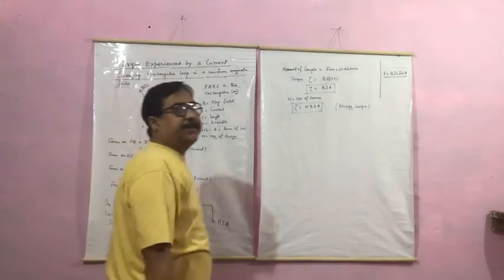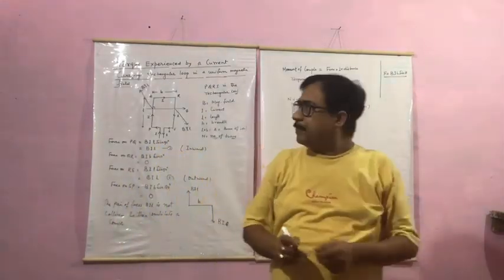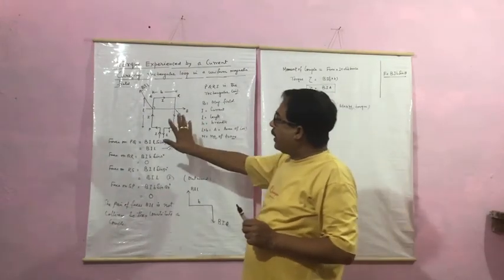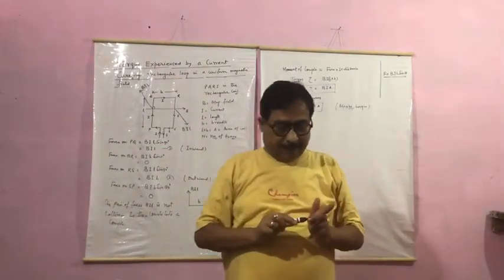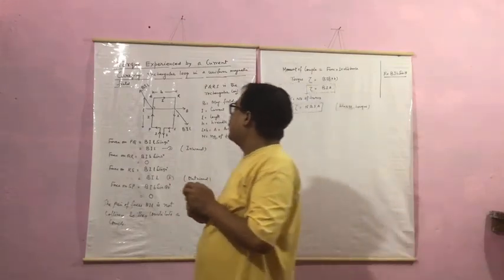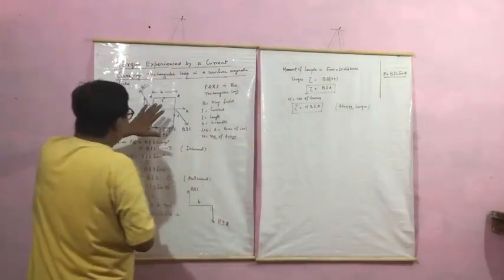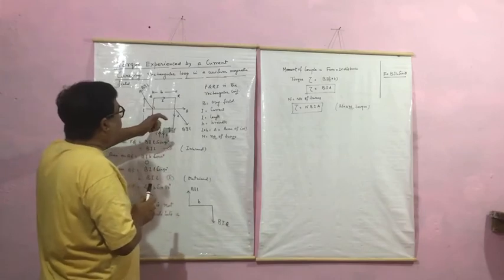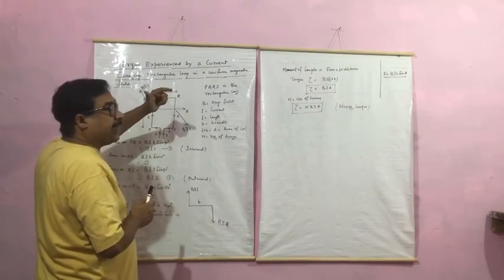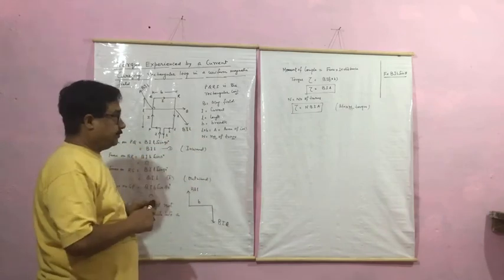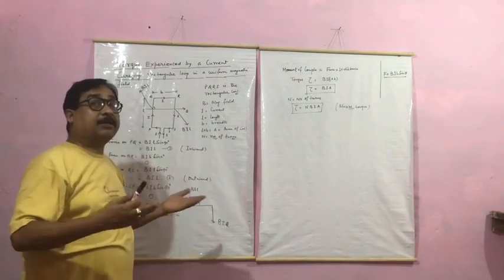You may be thinking, sir, if the coil is not placed like this, if it is placed such that the normal to the plane of coil is making an angle alpha, then you will get the general case.